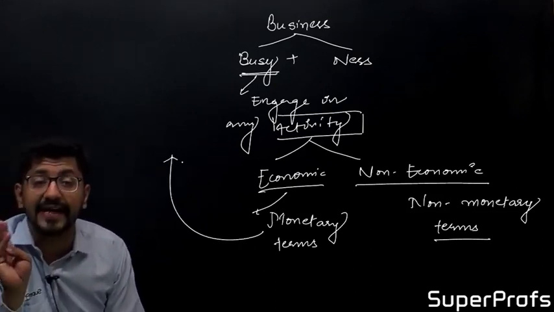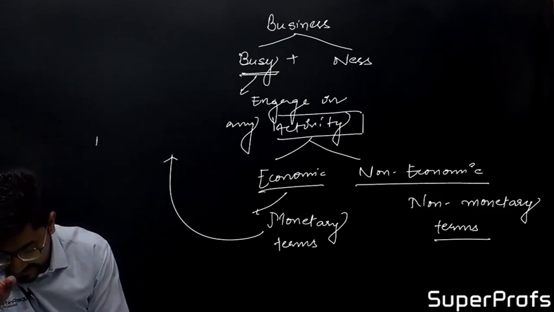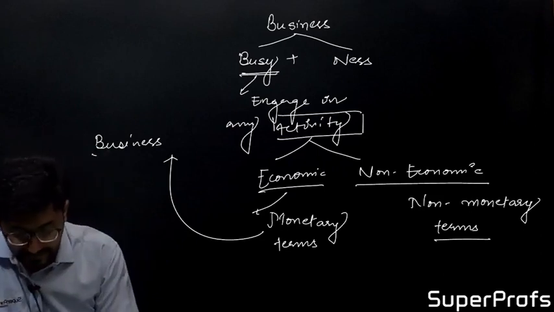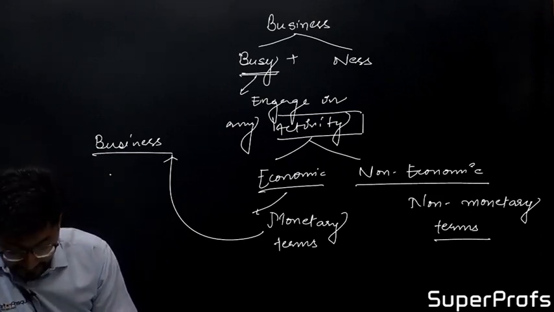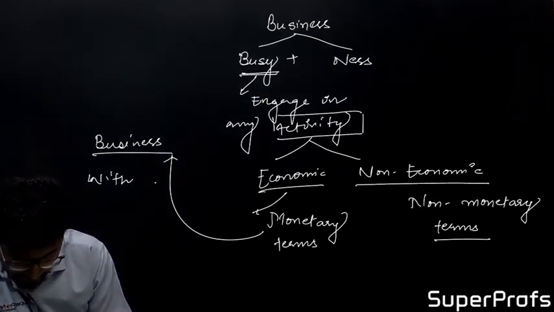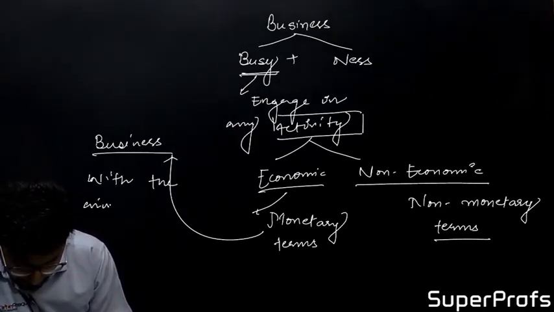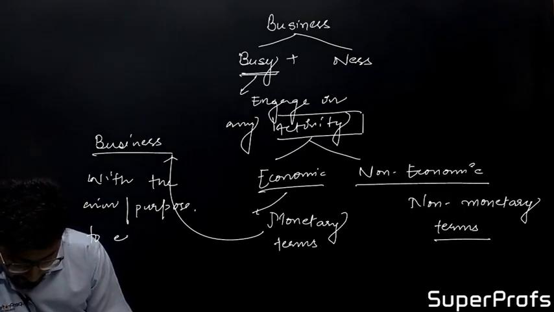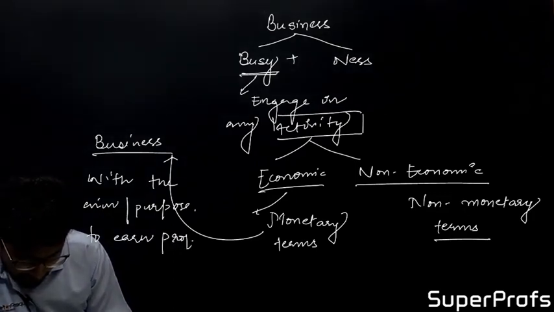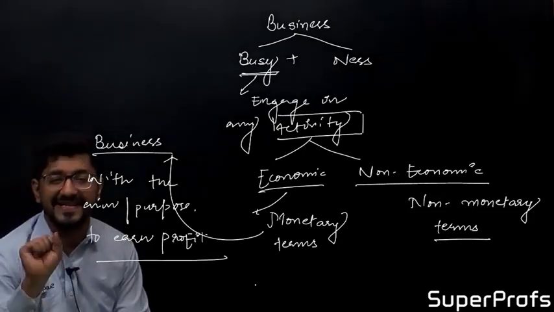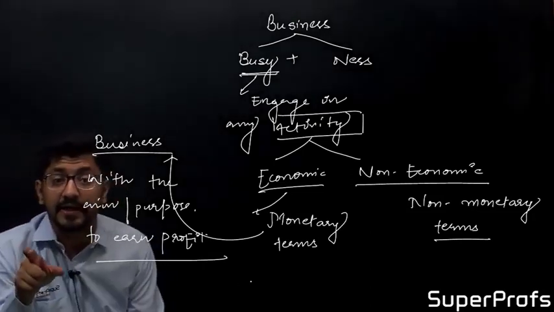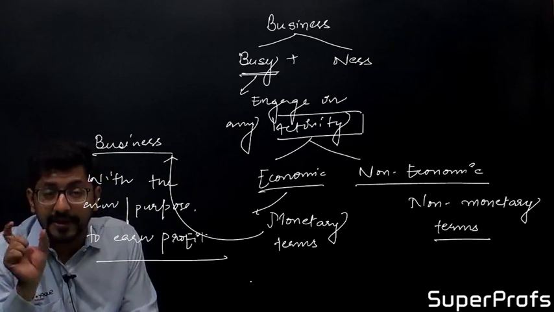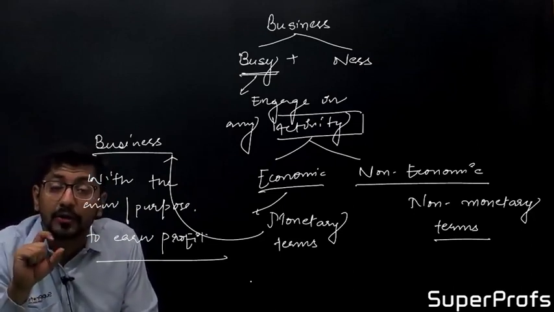So the activity which is in monetary terms, we can call a business, but the other essential element to call it a business is that the activity in monetary terms has the objective, the aim, or the purpose to earn profit. Business is an economic activity. Business is an activity in monetary terms in order to earn a maximum profit.